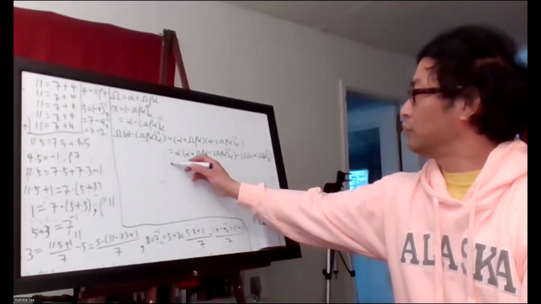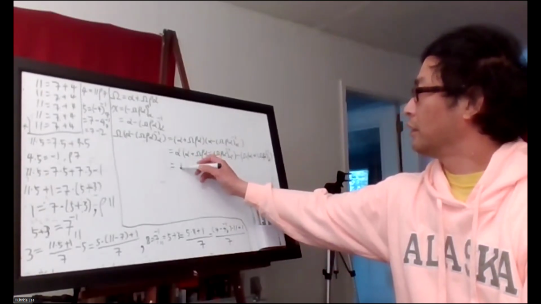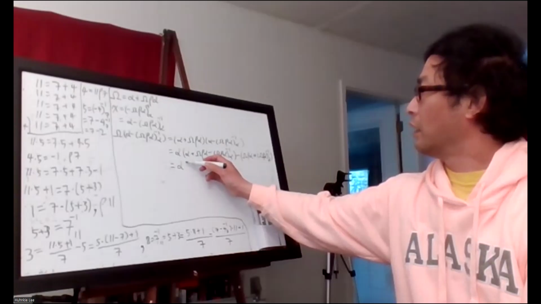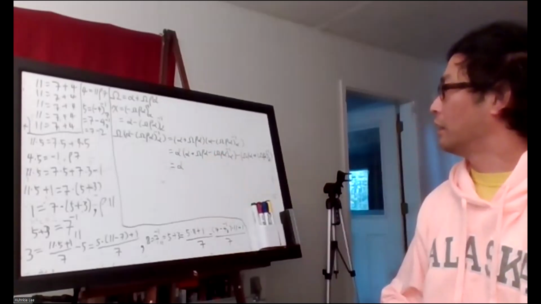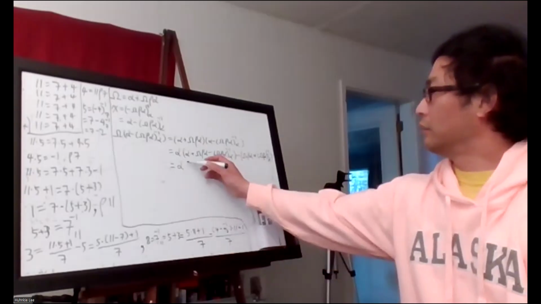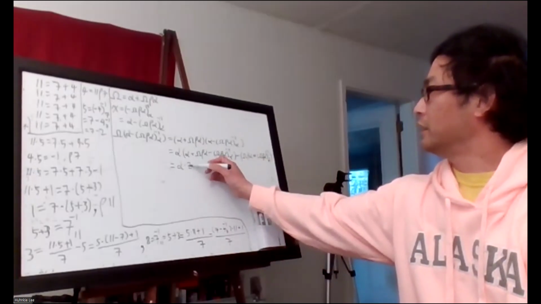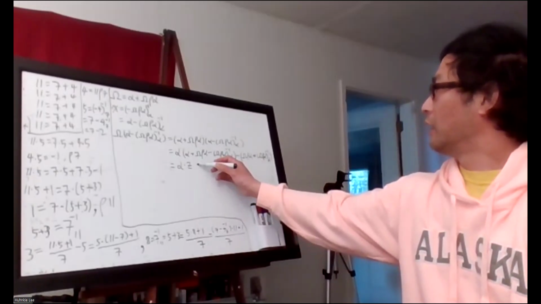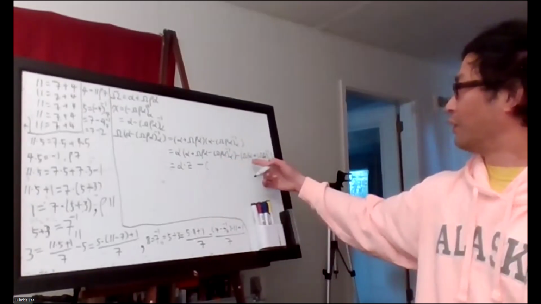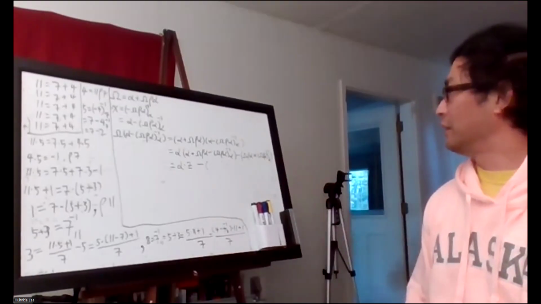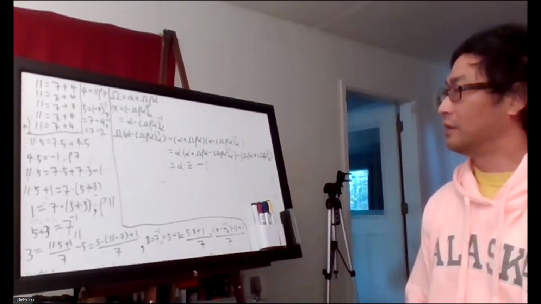So this is equal to, we call this long term as z and minus. This is one, but one plus.